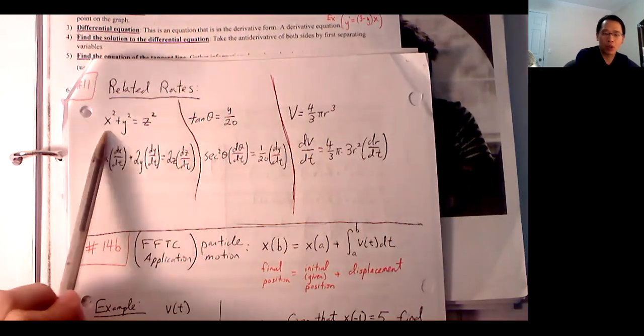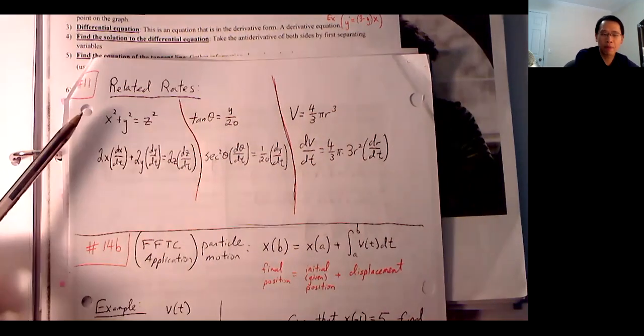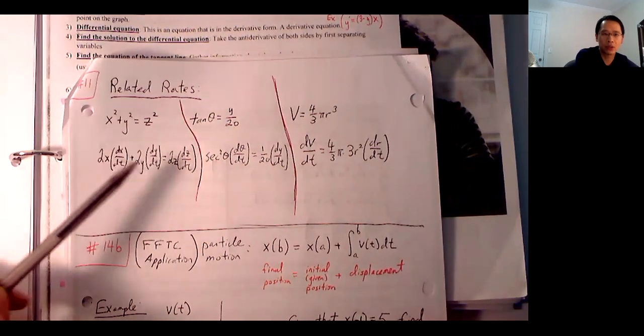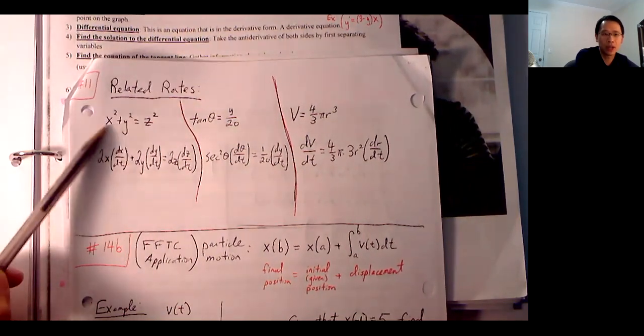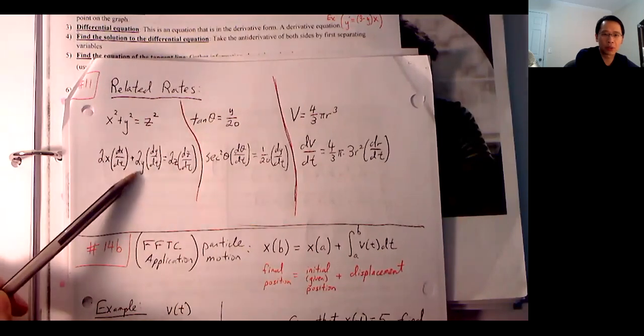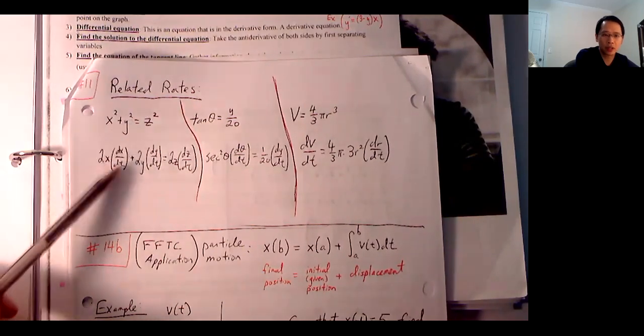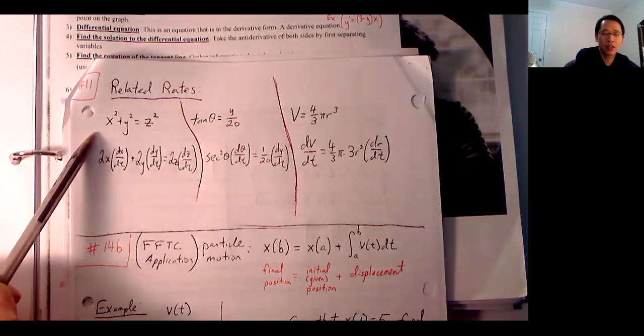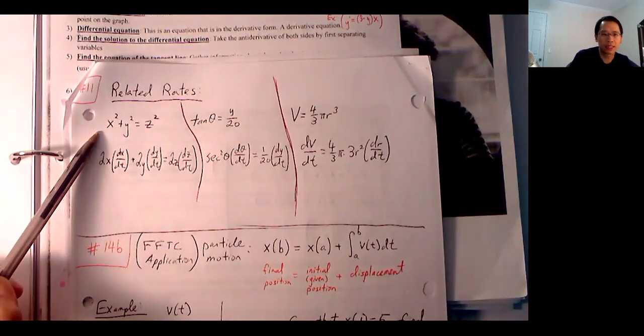You're always starting with an equation, and then from there, you find the derivative. And each variable is going to have its own d over dt. So x squared, you find the derivative using power rule, but as soon as you do that, you attach a d over dt for every variable, because the hidden independent variable is time.